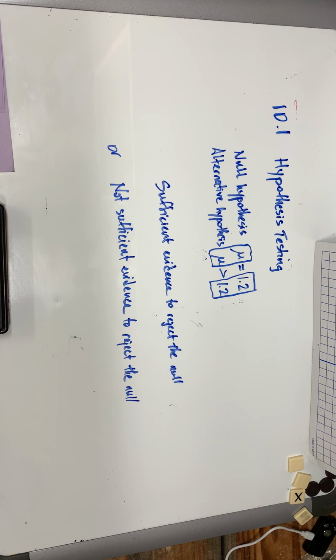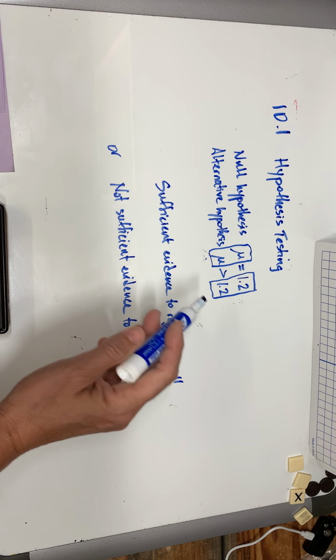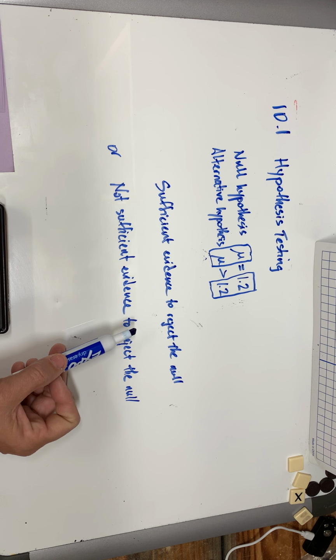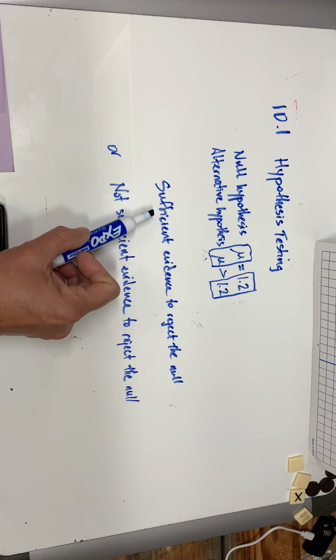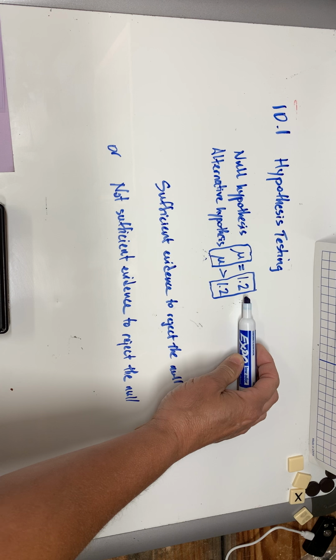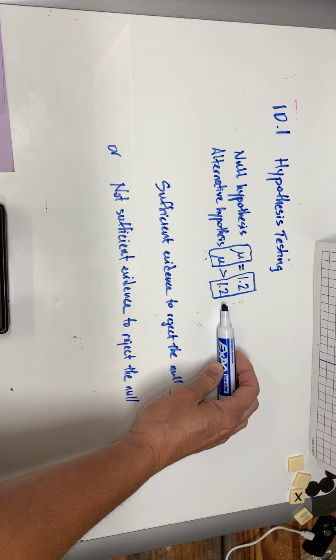Now, what else do we need to talk about? We need to talk about committing an error. So let's say that you interview 200 people and determine that the evidence you collect would suggest that you could reject this null. That in fact your sample showed that it was higher than the 1.2.